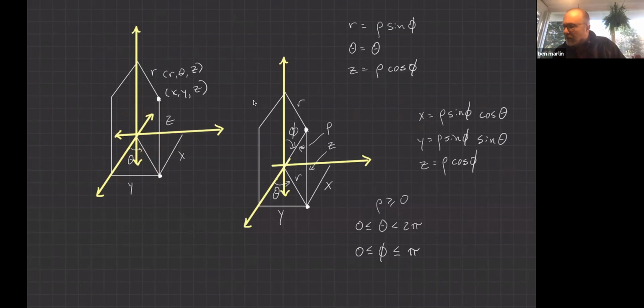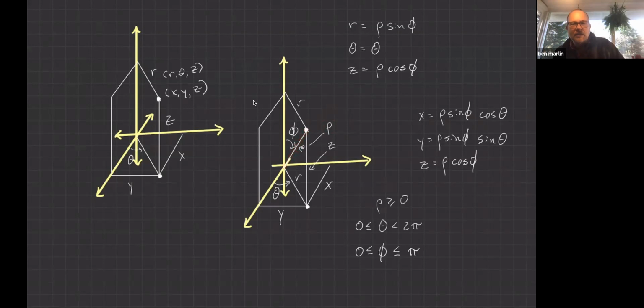So our spherical coordinates: what we're going to do now is have rho be the three-dimensional distance from the origin to the point we're thinking about.